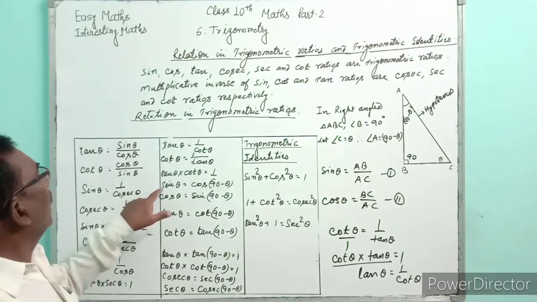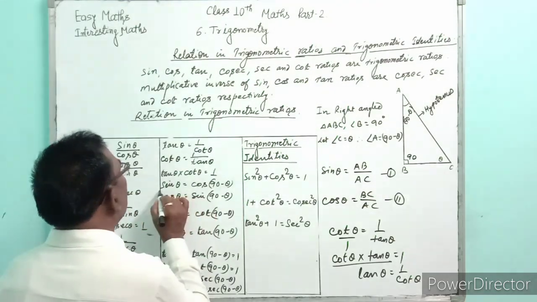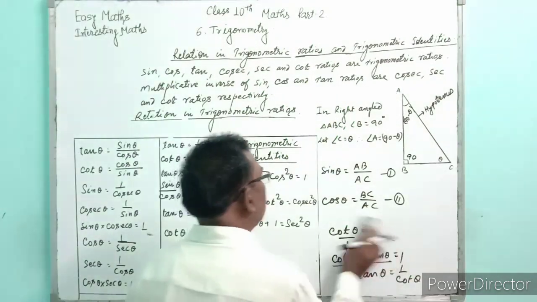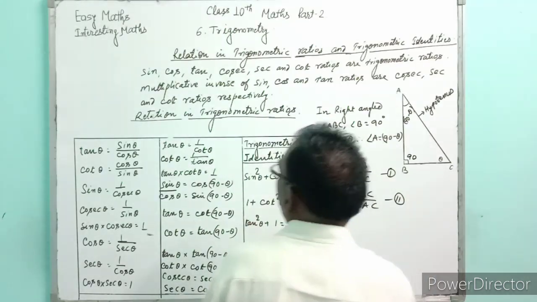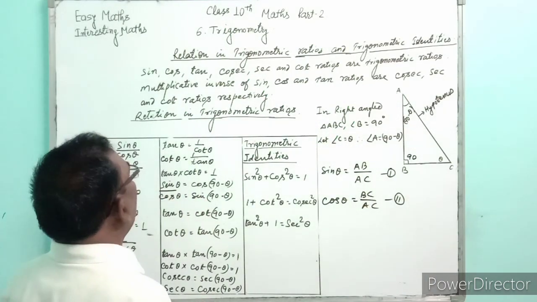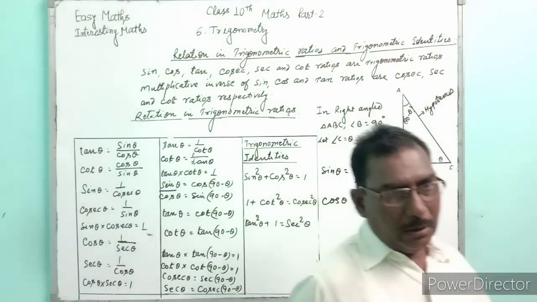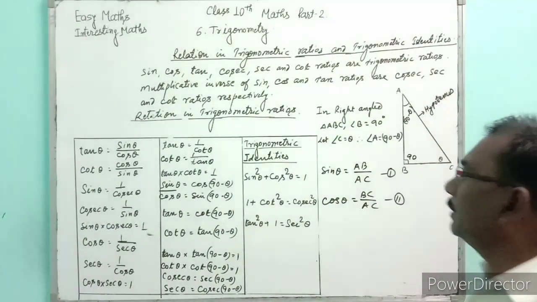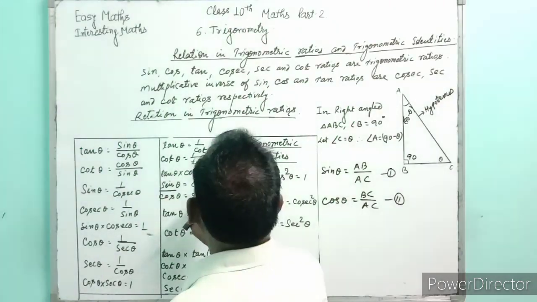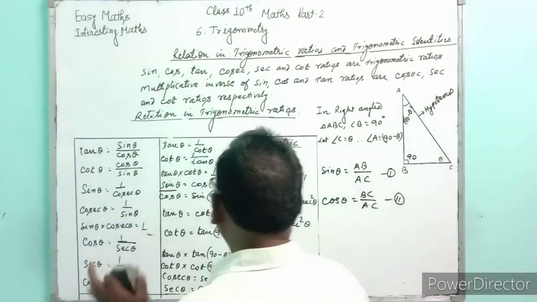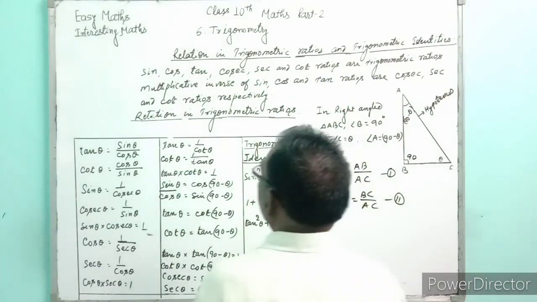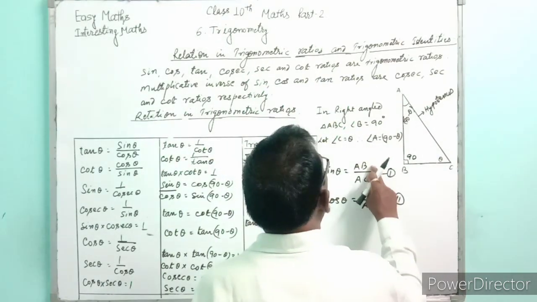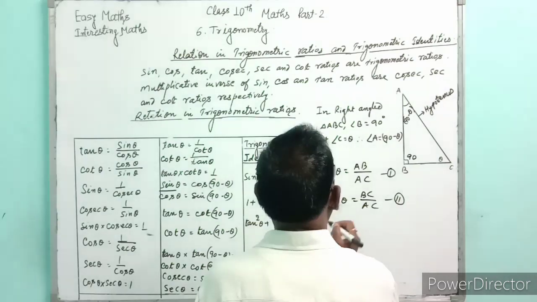Now we come to this relation. Sin theta is equal to cos 90 minus theta. The relation is sin theta is equal to cos 90 minus theta. How can we prove it? Sin theta is equal to AB by AC, number 1.